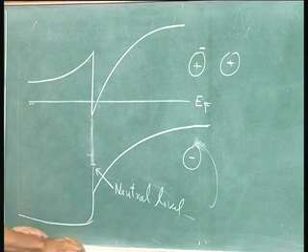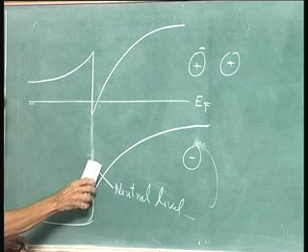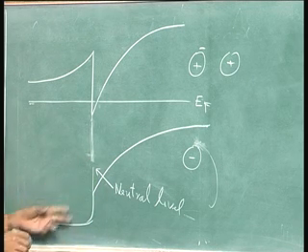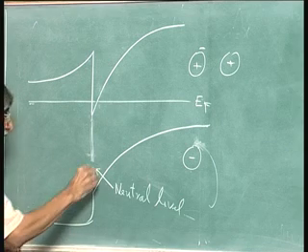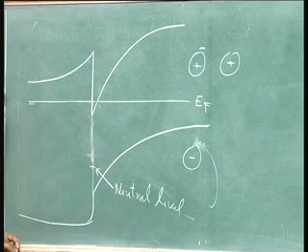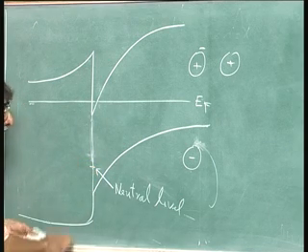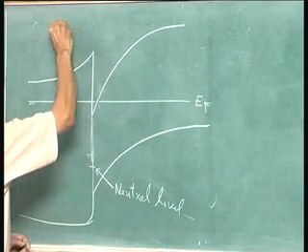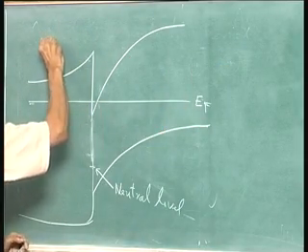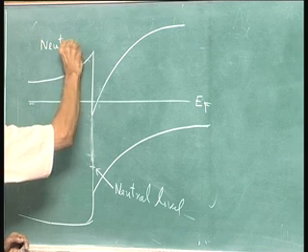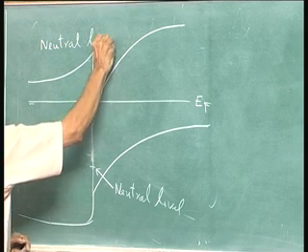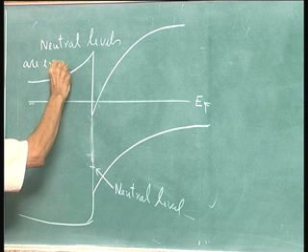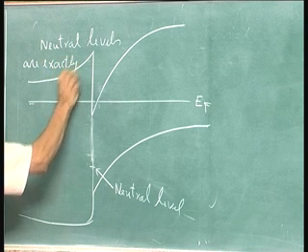Whereas, if I have, this is the neutral levels exactly aligned here. Let us take the situation where I am trying just another diagram to show that. I am deliberately drawing this like this, just to show the two levels.